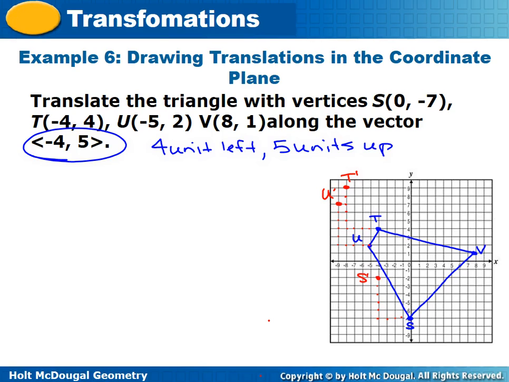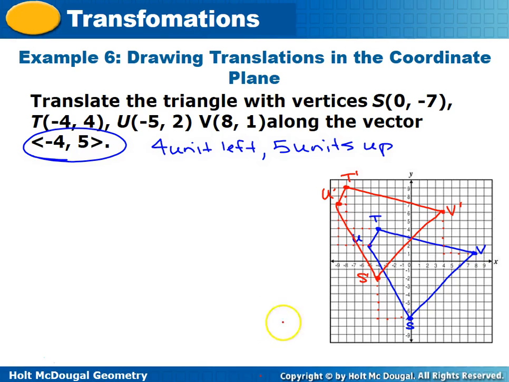And we're going to do it with the V. 1, 2, 3, 4, 1, 2, 3, 4, 5. So that's our new shape. So we're going to go ahead and again connect our dots here with this shape. And you should see that this shape shifted 4 to the left and 5 up.